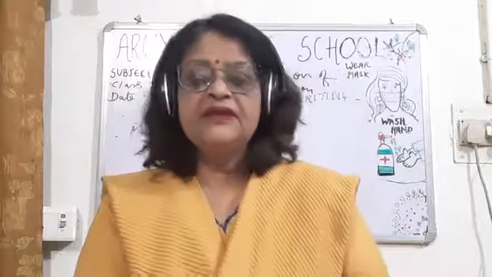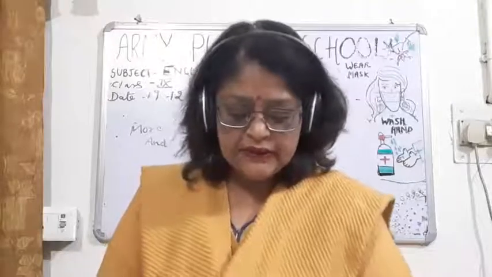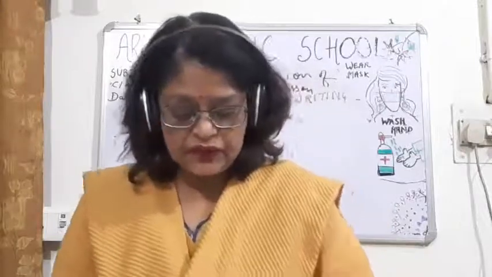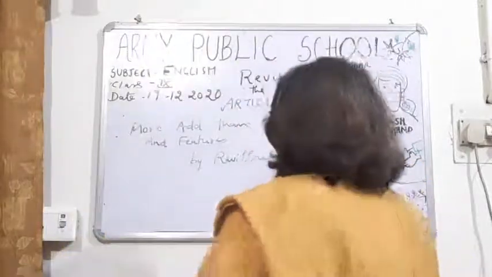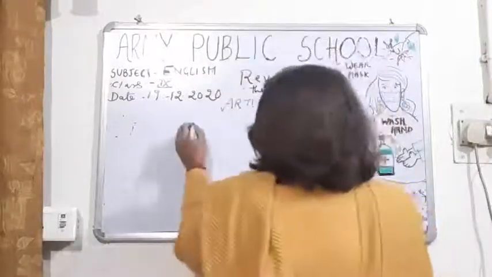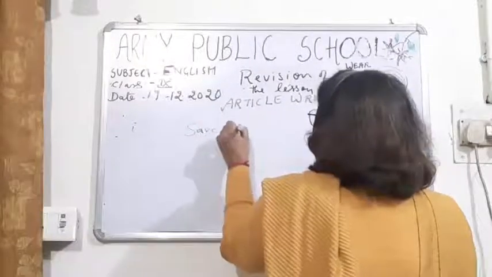You know, children, many species are on the verge of ending. The extinction of species is there. So we have to save those species. We have to save all those species. So here you can write the heading, Save the Tiger.